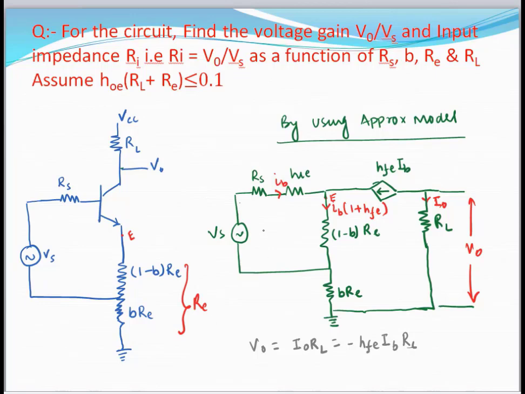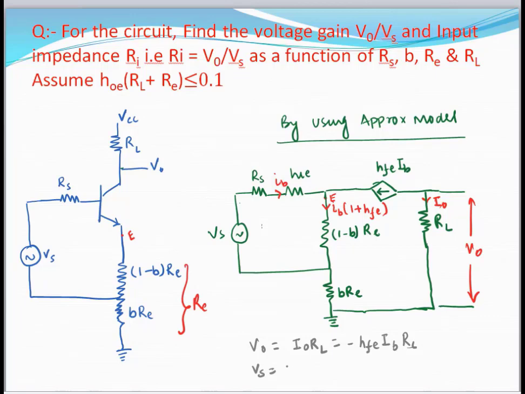And for the source voltage, Vs is equal to the voltage drop across RS, hie and (1 minus B) RE.